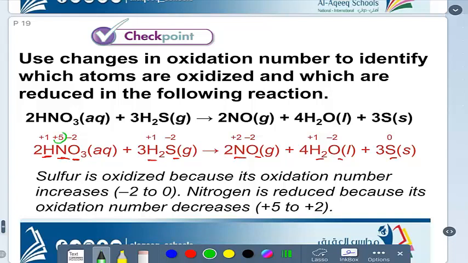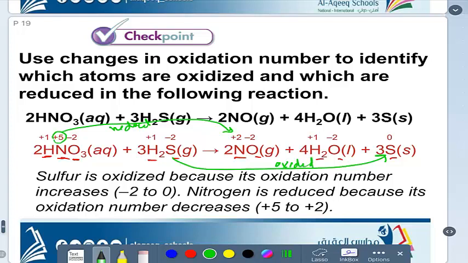nitrogen. It was +5, changes into +2. The number decreases here, it means reduced. And change happens here for sulfur. -2 changes into 0. It means the number increases. It means oxidized.